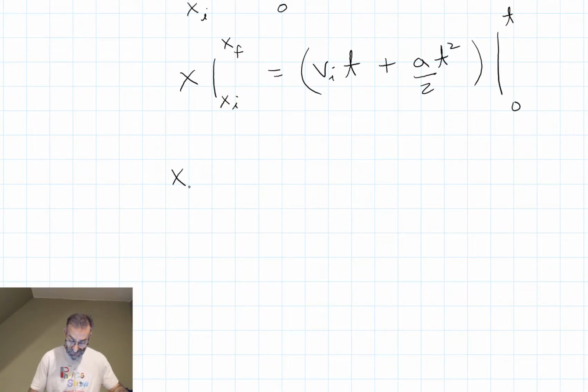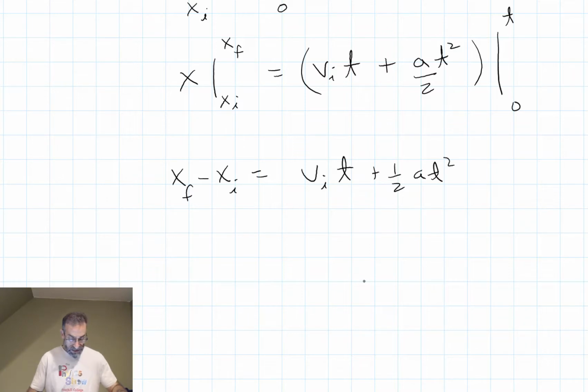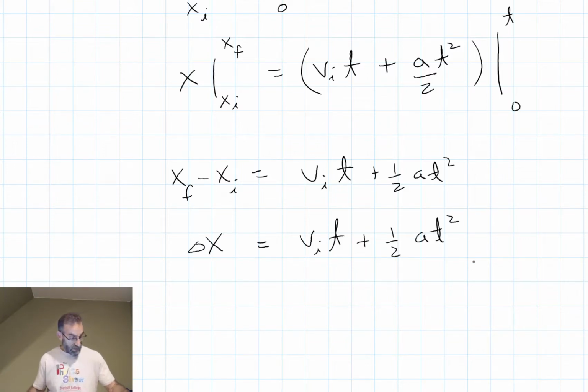This gives me x final minus x initial equals v initial t plus 1/2 a t squared minus 0. And I'll write x final minus x initial as displacement, change in x. And there we have equation 3.